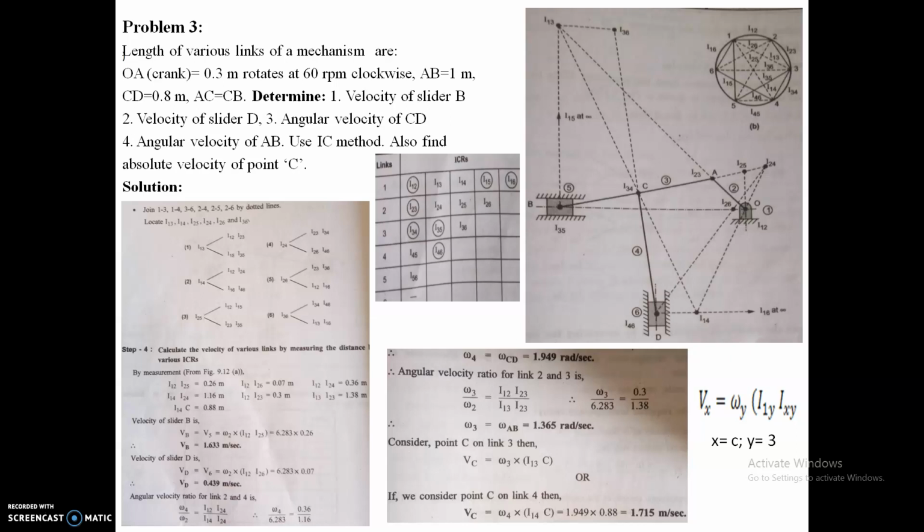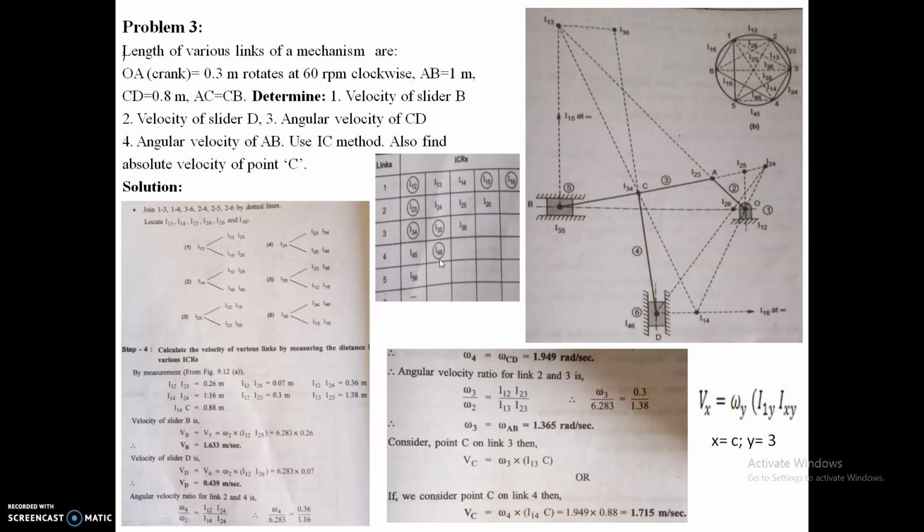Whatever ICs are obtained by observation, either fixed IC or permanent IC, you write down and make a small circle on that IC. So here IC12, IC15, IC16, IC23, IC34, IC35, and IC46.